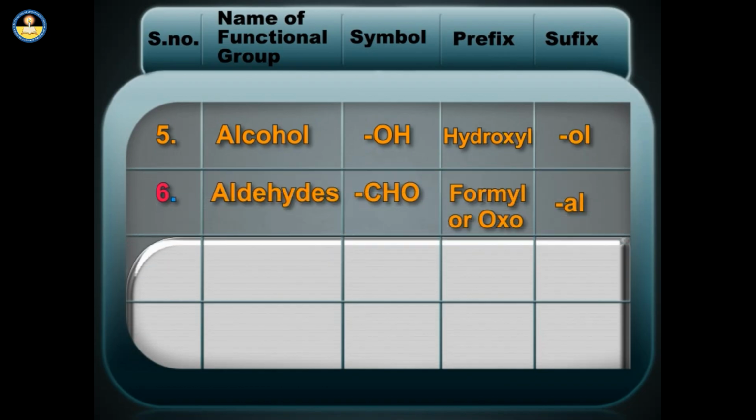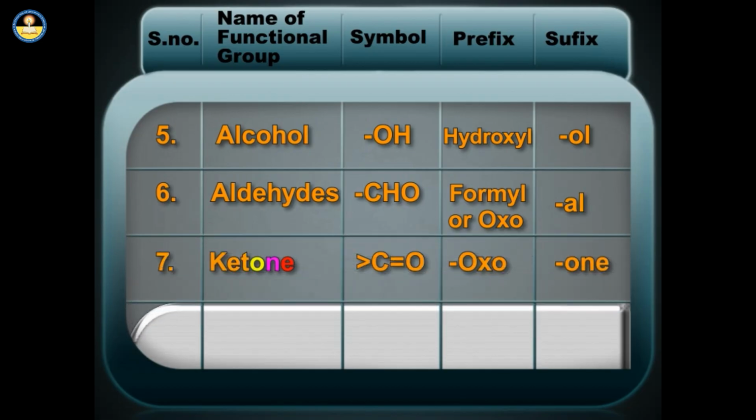For aldehydes, its relevant prefix is formyl or oxo and suffix is -al. For ketone, its relevant prefix is oxo and relevant suffix is -one.